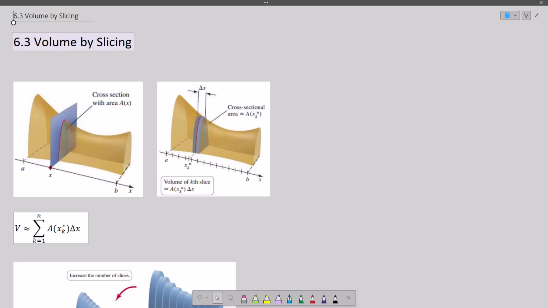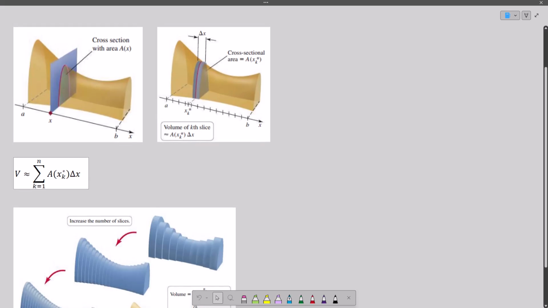You have 3 different setups for volumes between surfaces. But we can use Calc 2 when our surfaces or our solid objects are well behaved.